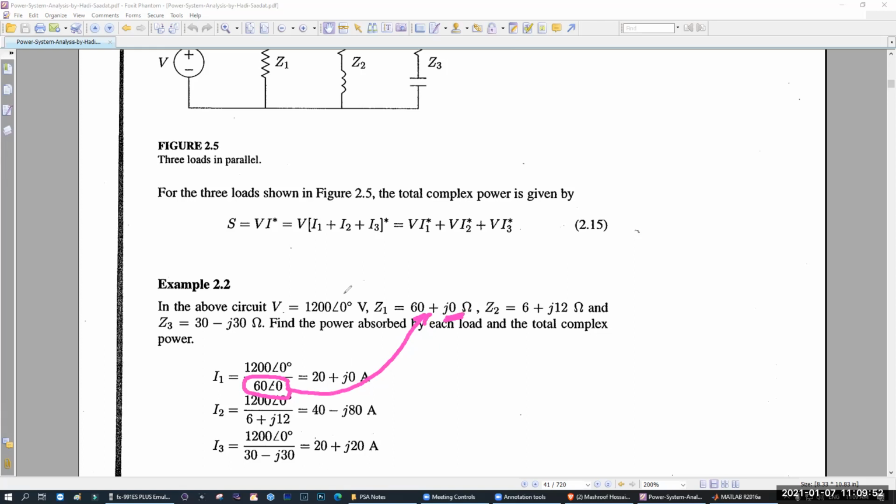So you can write 60 plus J0. So how much did you get? 20 plus J0 ampere. I2 is equal to, again, this divided by this, 40 minus J80. I3 is equal to, again, 20 plus J20. So you got these results. This is your I. Now what is your V?